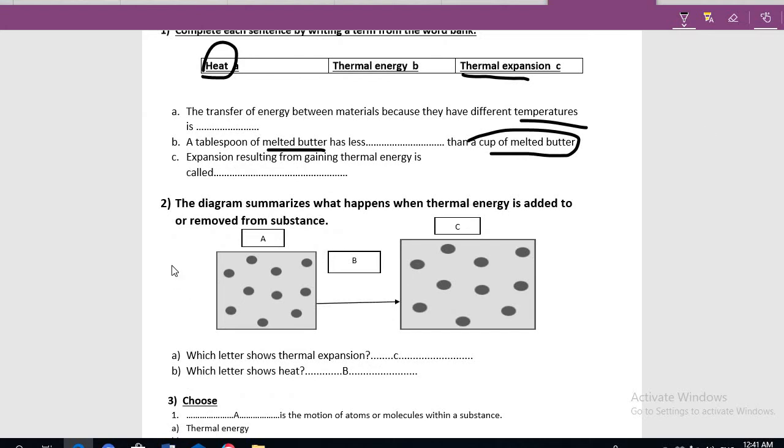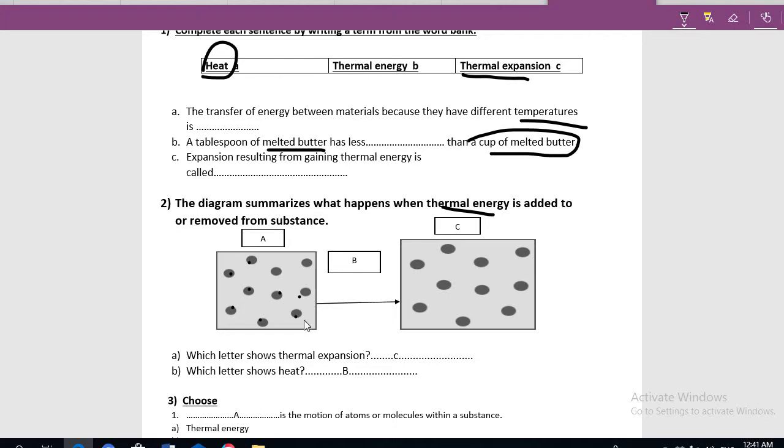Look at this example. The diagram summarizes what happens when thermal energy is added to or removed from a substance. For example, the particles in substance A, after I heated it, B means heat.